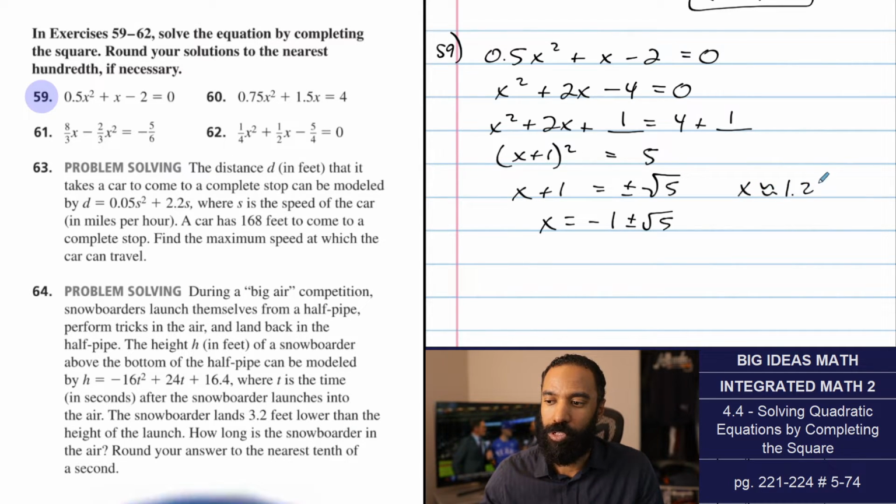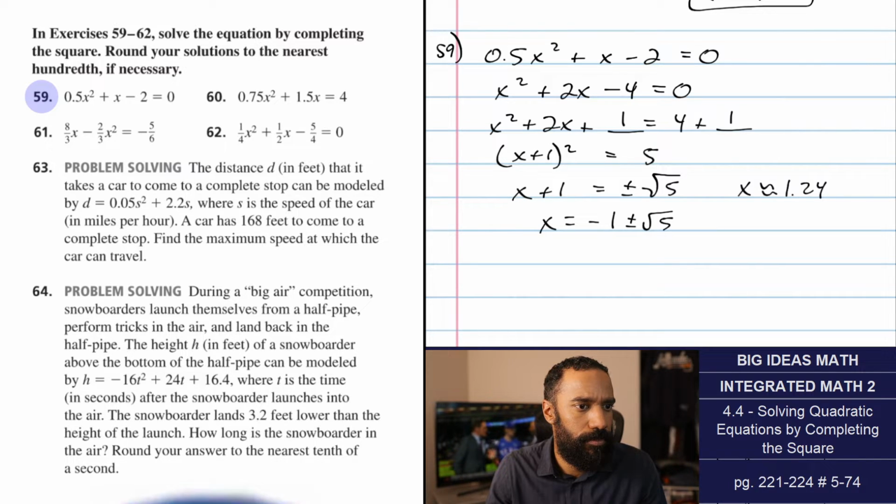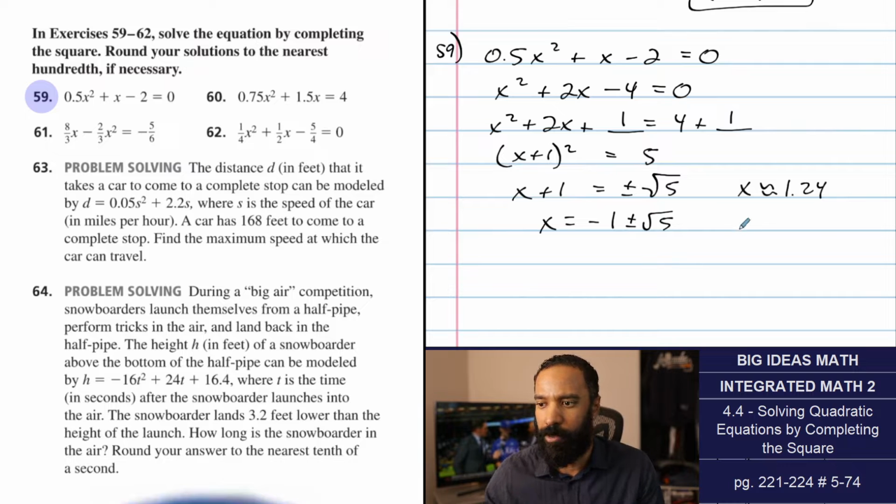X is about 1.24. And minus is negative 3.24.